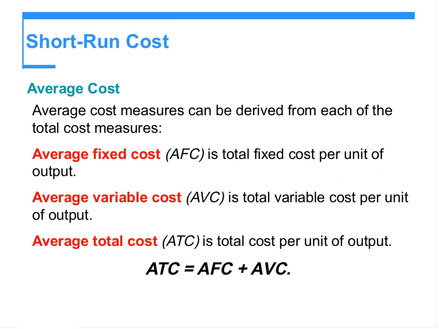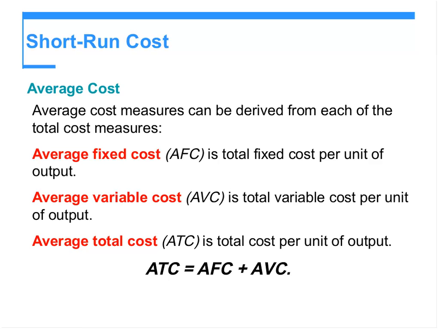Now average cost. Average cost measures can be derived from each of the total cost measures. Average fixed cost is total fixed cost per unit of output. Average variable cost is total variable cost per unit of output, and average total cost is total cost per unit of output.